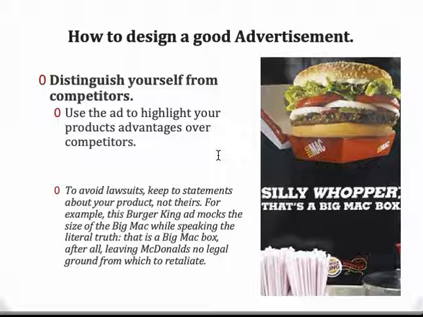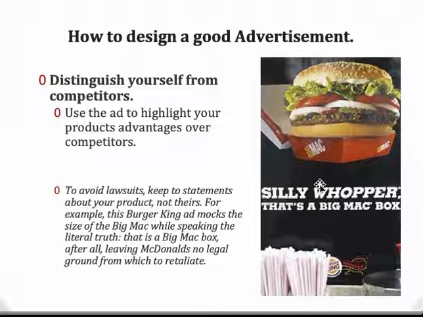Another good way to create an advertisement is to distinguish yourself from your competitors. Use the ad to highlight your product's advantages over the competitors. So you can see Silly Whopper, that's a Big Mac box. So it's going against its competitors. To avoid lawsuits, however, keep to statements about your product, not theirs. For example, this Burger King ad actually mocks the size of the Big Mac while speaking the literal truth.